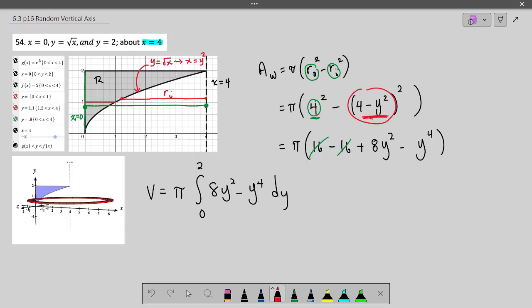The red line is the thing that's going to be changing. Right? If you draw your element right here, then this distance right there is changing. But it's still, this distance right here is what we're trying to find. That is the inner radius, the axis over to the first curve. So the right x value here is 4. The left x value is y squared.